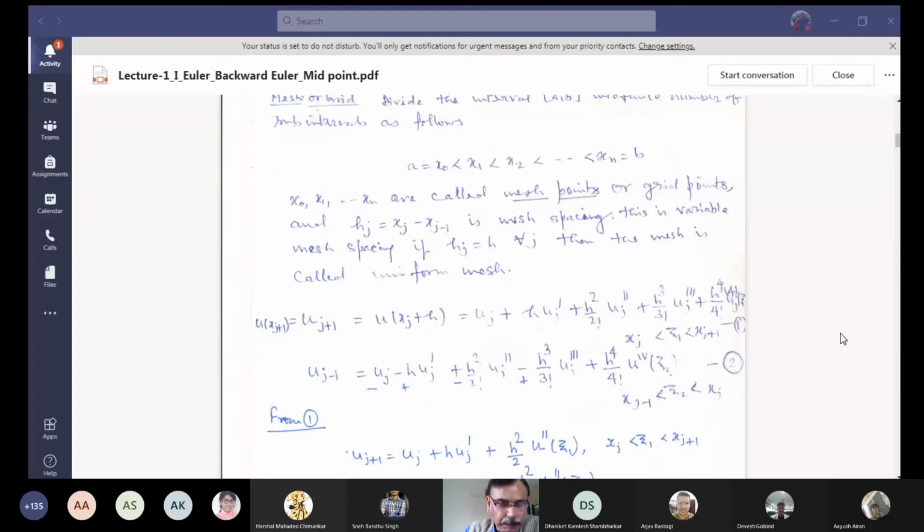Now, if you write the Taylor expansion of yk plus 1, what will that be? yk plus 1 can be written as yk plus h times y prime k, if we just truncate at this point, taking up to the first derivative. The error term here will be h square by 2 factorial y double prime of xi, where xi will lie between x and x plus h.